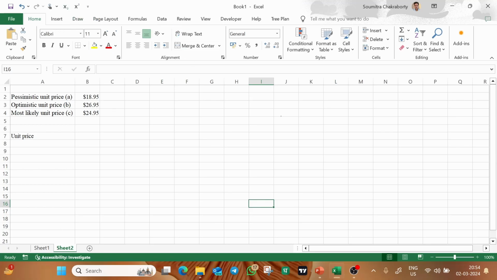So when Fx is less than or equal to c minus a divided by b minus a, we have our expression as x is equal to a plus the square root of Fx into b minus a into c minus a, right?